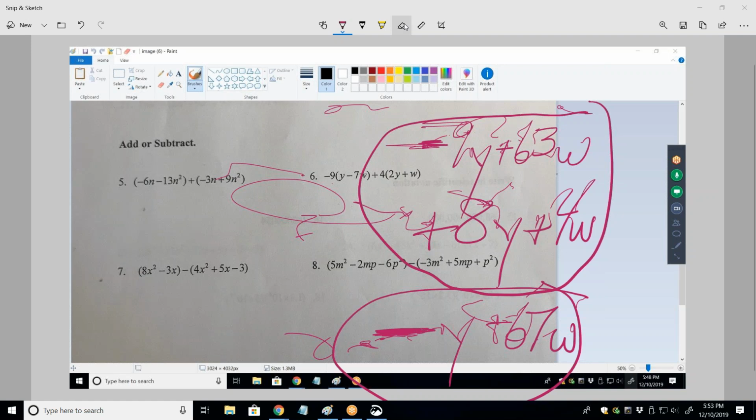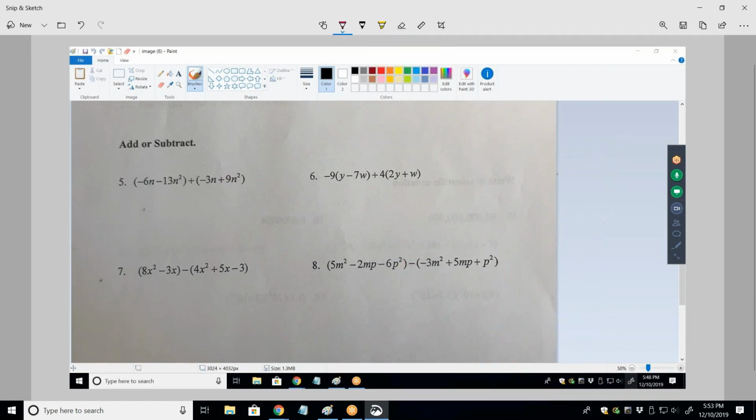All right, let's see. What else do we have here? Number 7. Now, in number 7, when you have expressions that you're trying to simplify, or in this case, add or subtract, your first step really is to eliminate the parentheses.